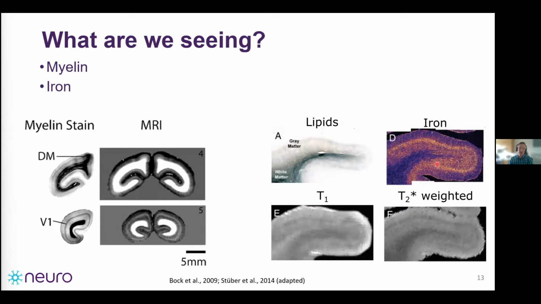It's predominantly described by the iron content and partially by lipids. It's potentially most evident visually by looking at the trajectories, which is very evident in the iron map here, very evident in the T2 star map, and a little bit less in both the lipids and T1 maps.